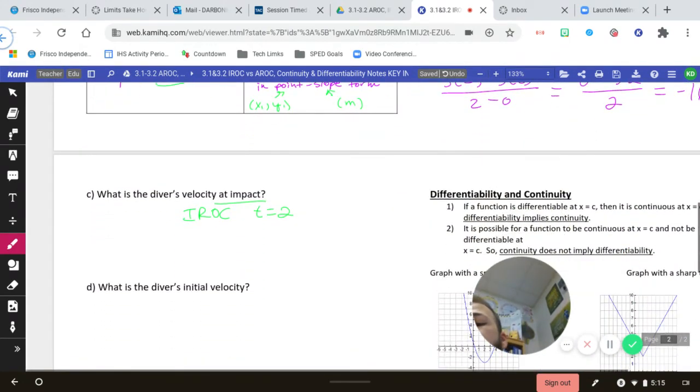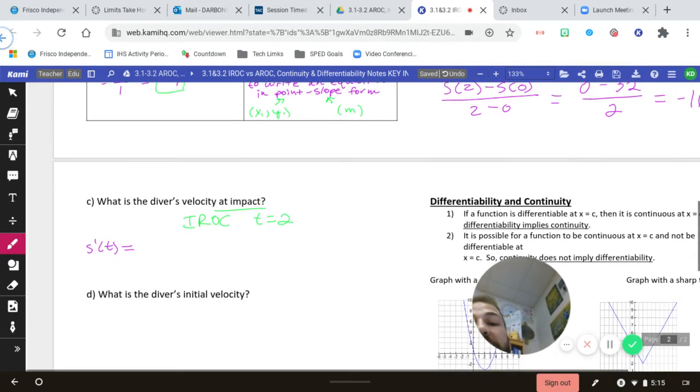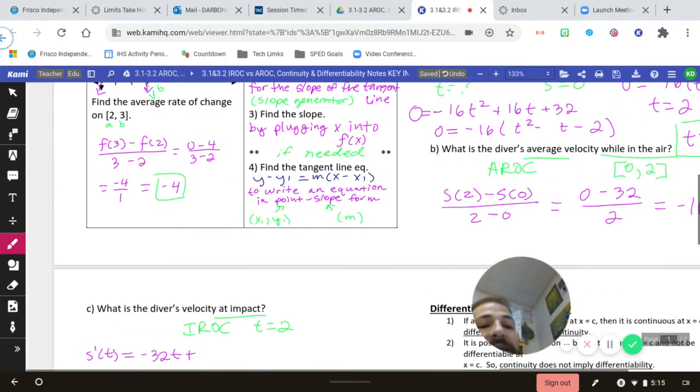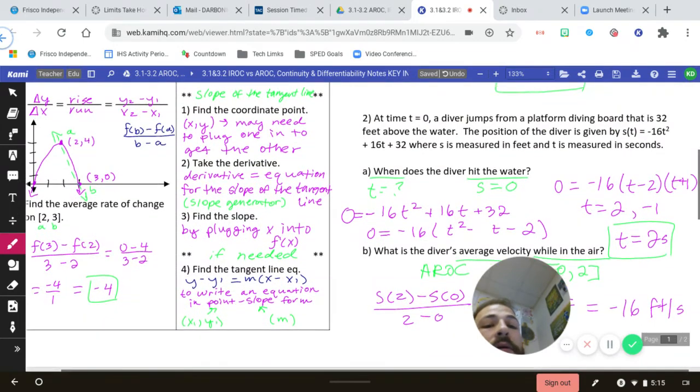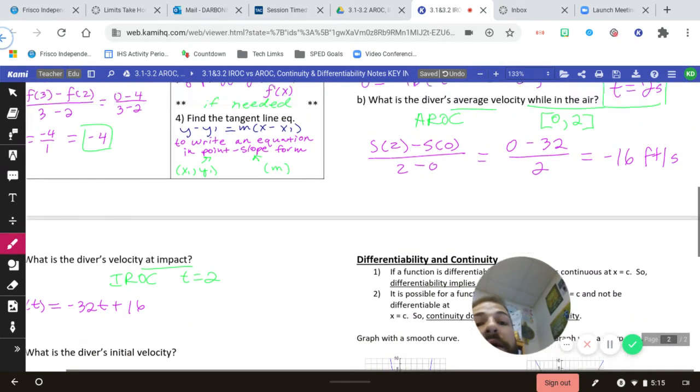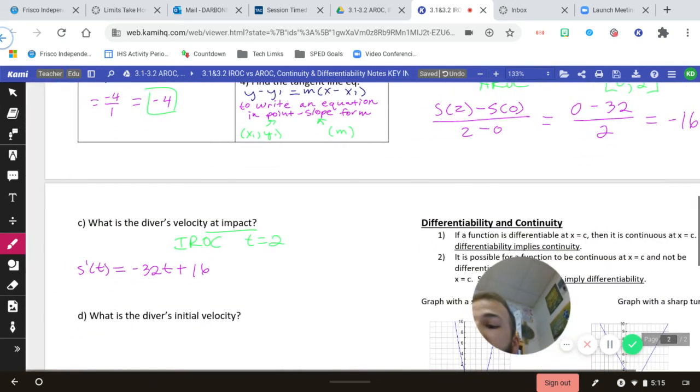Okay, so S prime of t is equal to negative 16t squared becomes negative 32t, plus 16t becomes just 16. And then plus 32 becomes just 0.